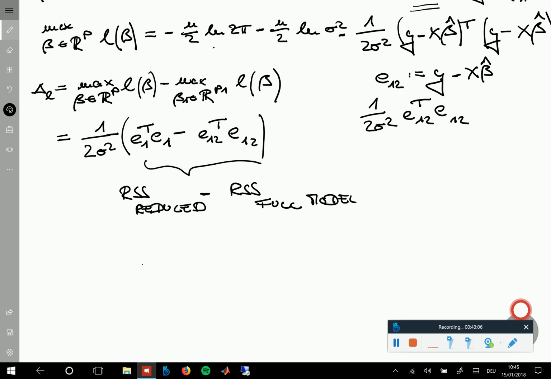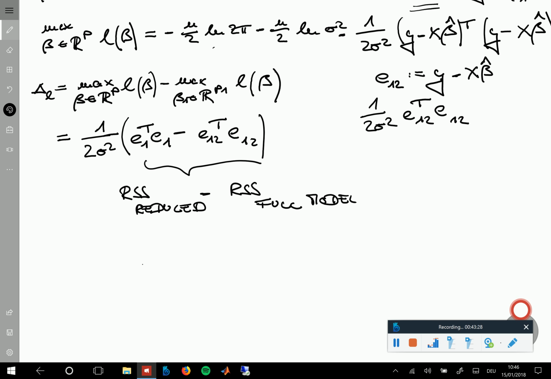And now this difference between the residual sum of squares of a reduced model and that of a full model is essential to the F statistic. I haven't defined the F statistic yet. I will do it after the break.